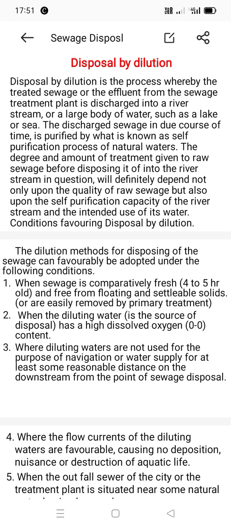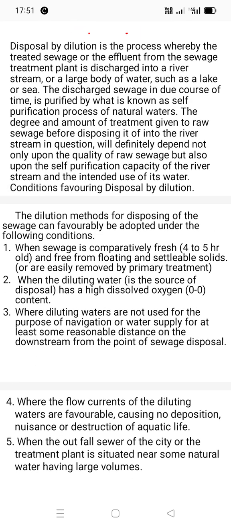Disposal by dilution is the process whereby the treated sewage or effluent from the sewage treatment plant is discharged into the river, and in further time, as the river flows downwards, the natural forces like sunlight, the natural air and the plants in the river body are going to make the river water pure.